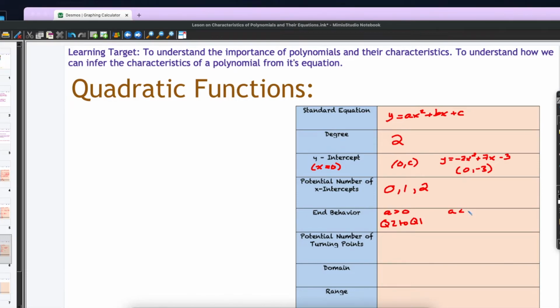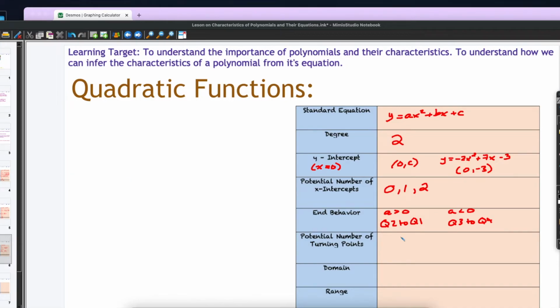If A is negative, it's going to come from Q3 and go to Q4. And by the way, when I say come from, that's just the North American reading left to right kind of thing. Truthfully, it's however you want to frame it. These are the quadrants that the function terminates in, or doesn't even terminate in, it just travels off to, I guess would be a better way of saying it.